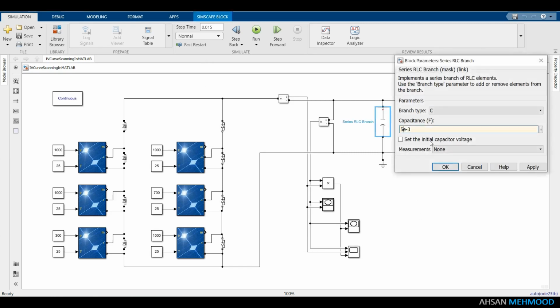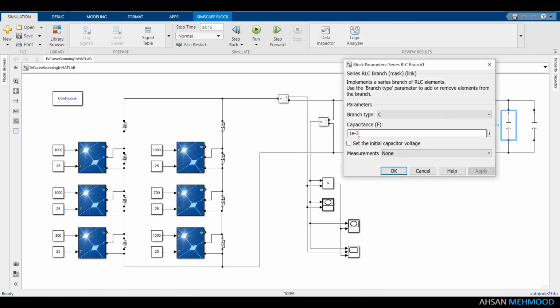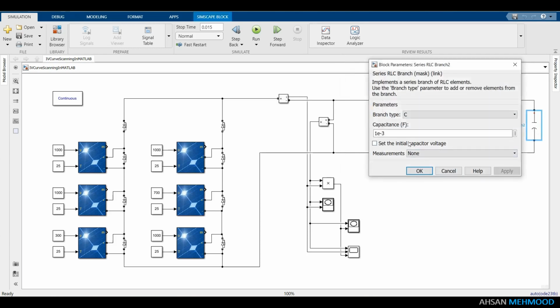The input capacitor should be 5 millifarad. The inductor should be 50 microhenry. The output capacitor should be 47 microfarad and the load resistance should be 50 ohms.